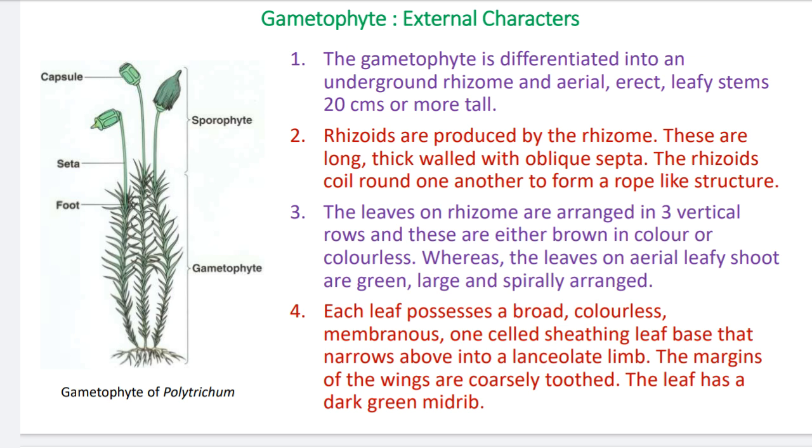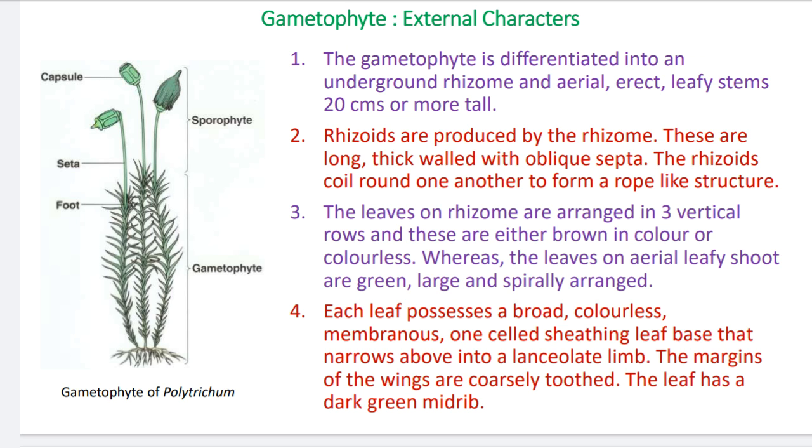That rhizome produces the aerial erect stem, which is further covered by spirally arranged leaves, and that stem height is mostly about 20 centimeters or more.